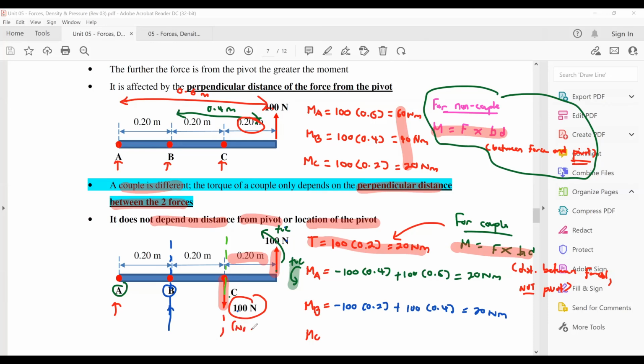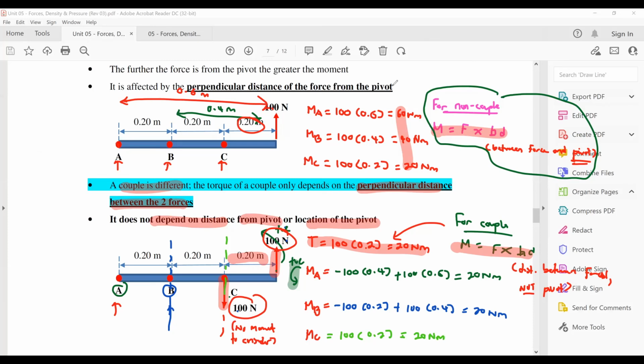So this one has no moment to consider. You will only need to consider this 100 Newton, which by now you see is causing anti-clockwise rotation, so it's positive in the first place. So this one will be equal to 100 times 0.2, again giving you 20 Newton meter.